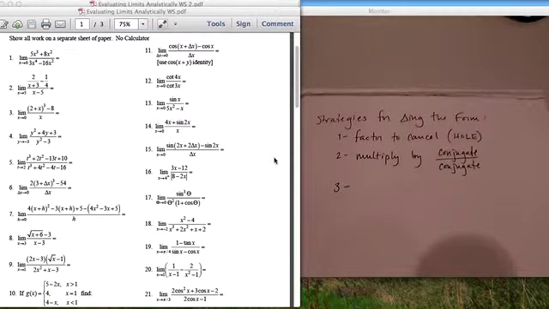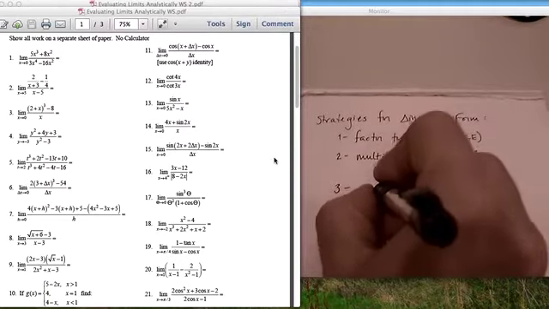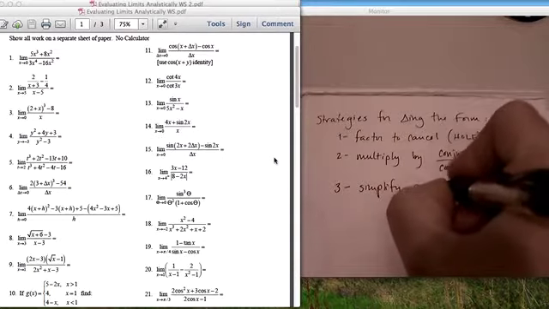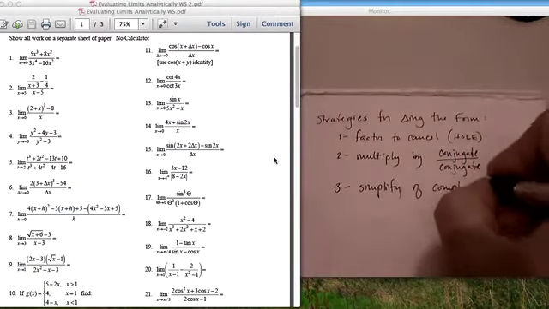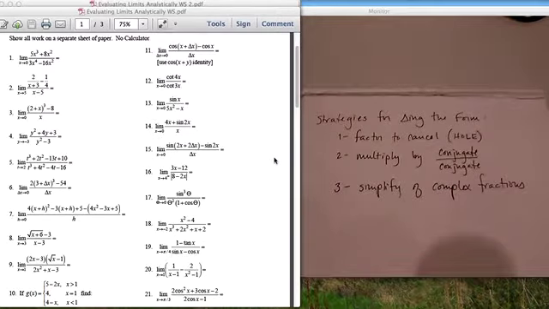Now the third strategy I want to discuss with you is how to deal with the simplification of complex fractions. Okay? If you look over at the worksheet on the left-hand side, number 2 is the kind of problem we're going to be dealing with.